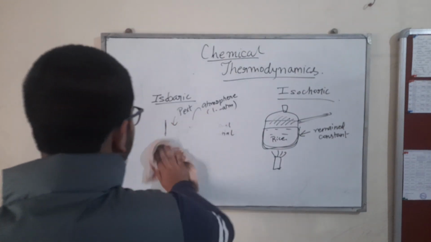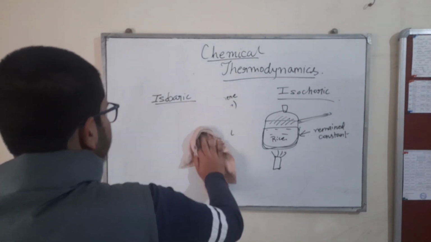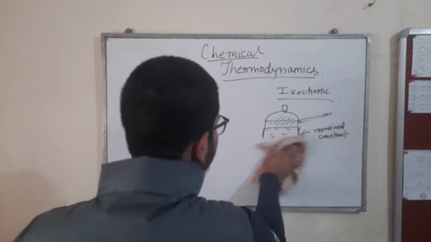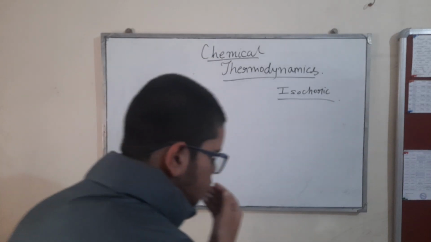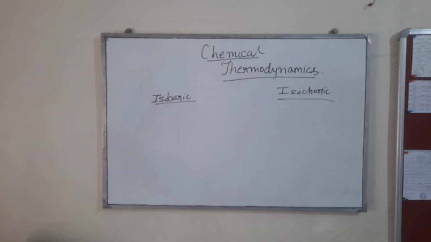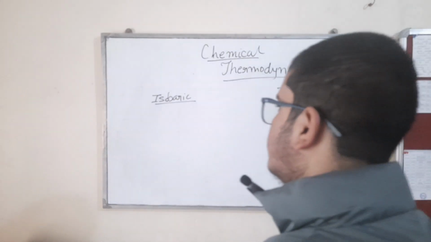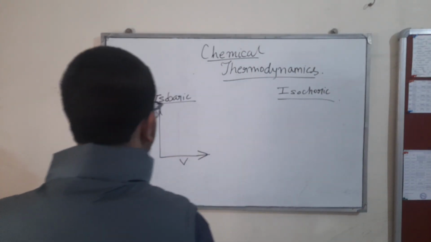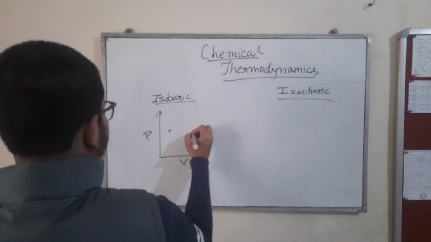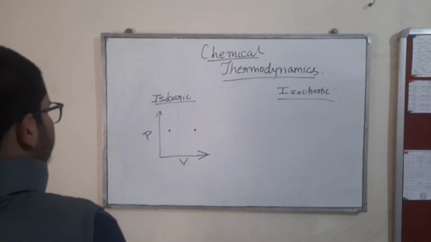Let's understand the graphs. In isobaric, let's take P here, let's take V here. Let's suppose it goes from this volume to this volume.